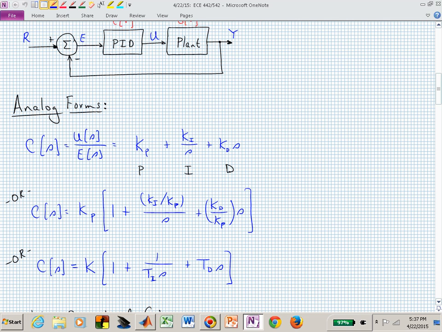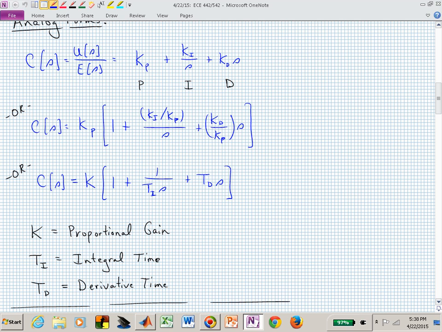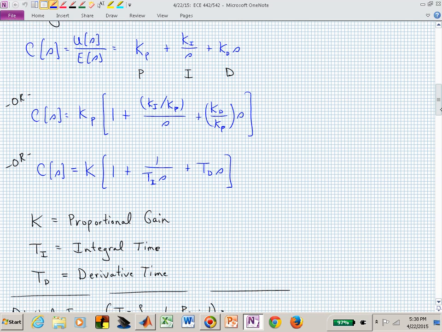These are all just different ways of representing the same controller, a PID controller. And that's what I'm trying to say here. We have the proportional gain, the integral time, and the derivative time for T sub I and T sub D.